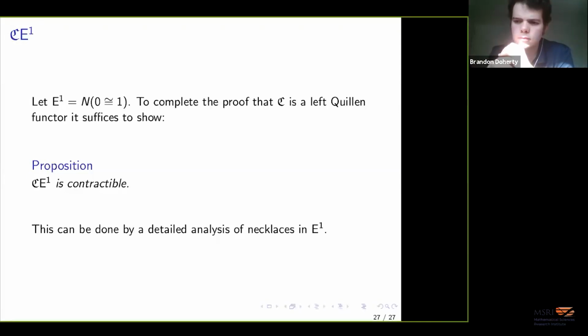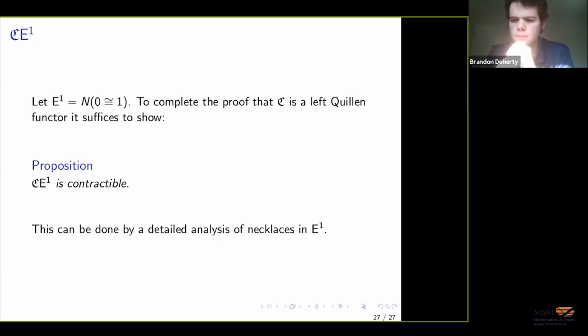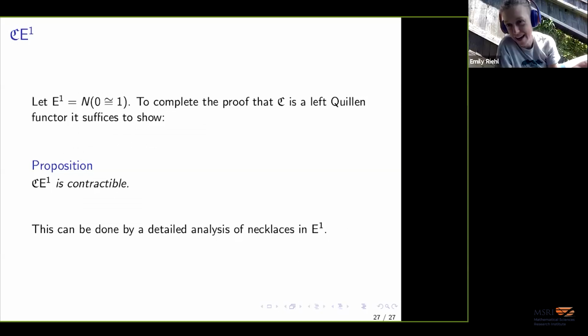So what I think an n-cube is, is a necklace where now there's a lower bound on the number of vertices minus joins, but it doesn't have to be exactly n. Instead, you have the additional data of a labeled partition into n subsets. So a surjective function from the vertices minus the joins to the set of n things. And the idea is that the partitions into singletons will correspond to these top-dimensional cubes, which are the ones that you were seeing here.